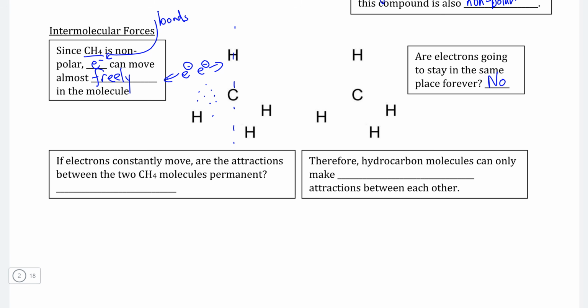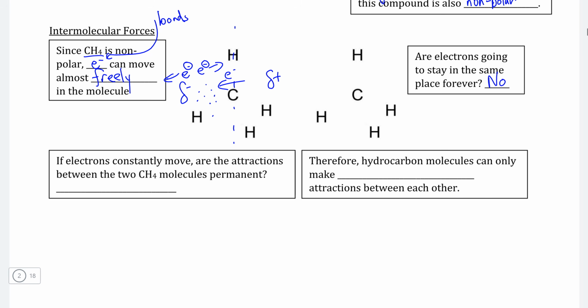However, at this instant in time, the random dispersion of electrons has landed them all on the left side of this molecule, which gives the left side more negative charge than the right side, because there is an overall movement of negative charge this way, giving this side a partial negative charge, and because the electrons are moving away from the right-hand side, this gives the right-hand side a partial positive charge.